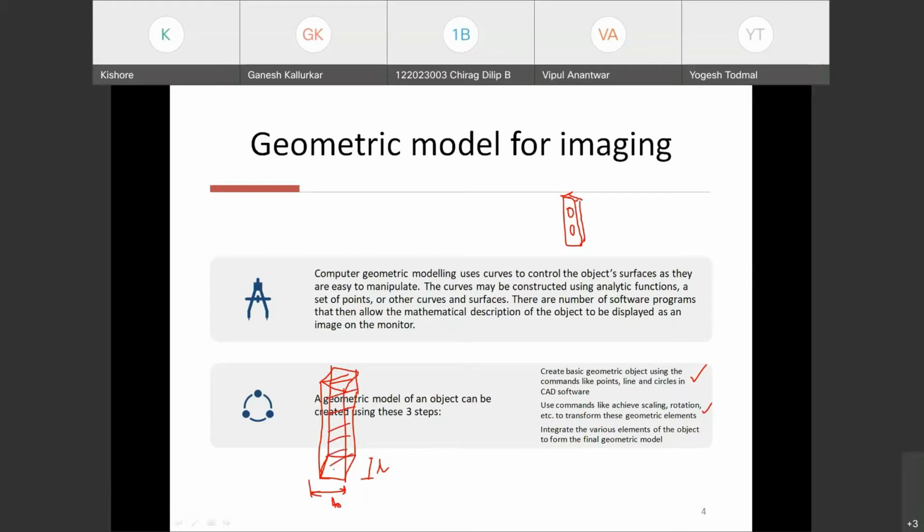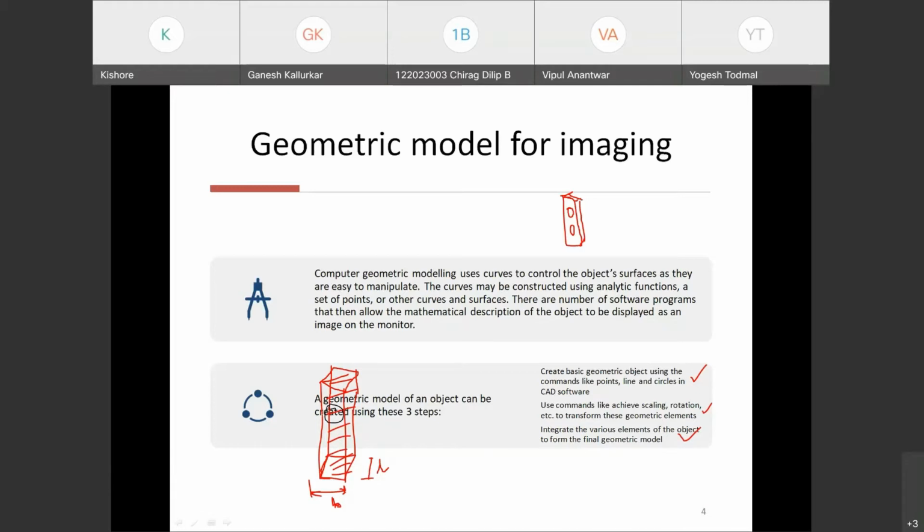Then you may use various other features as well, such as the cut function or slotting function. You may probably select this surface, create a circle, and then use another operation, that is, to create slots.